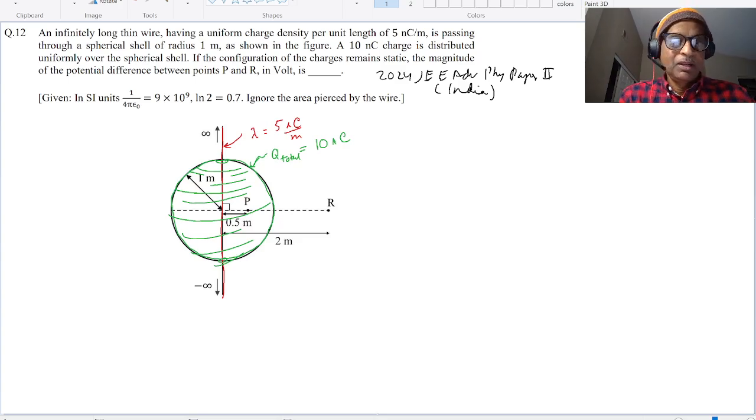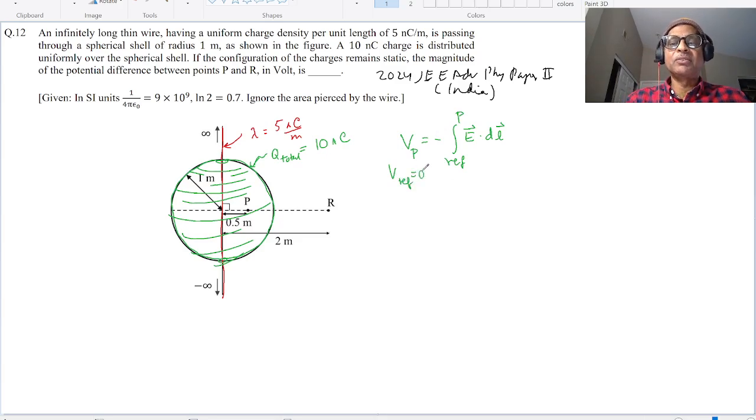So the potential is always minus the integral of E dot dl from a reference to some point P, assuming potential at reference equals 0.